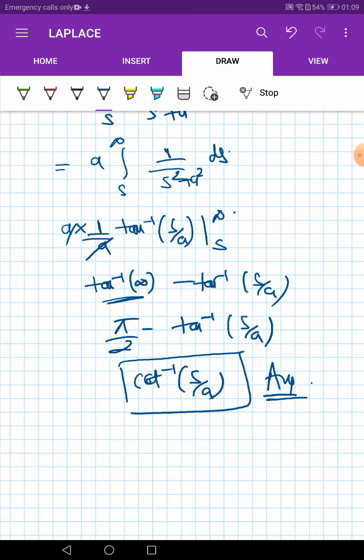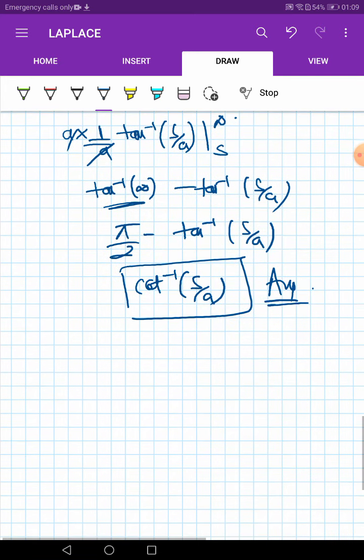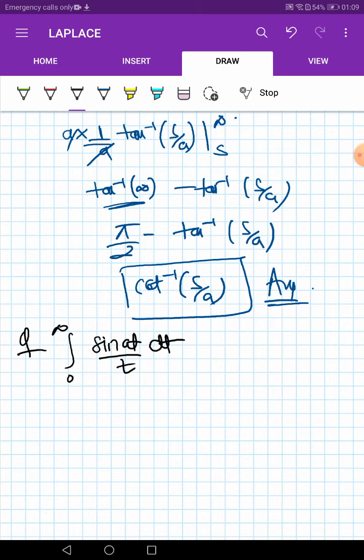Okay, so with this concept, let us solve one question. The question is, you need to find the value of the integration from 0 to infinity of sin at by t dt. So how to solve this integral? Let us understand the problem.